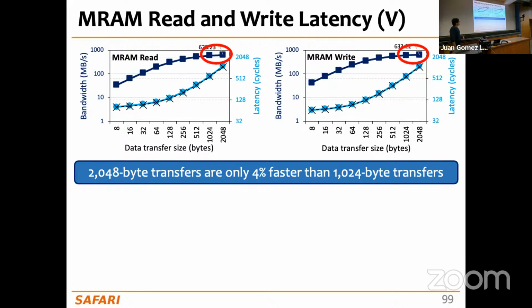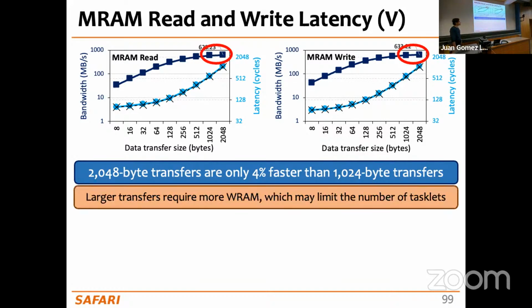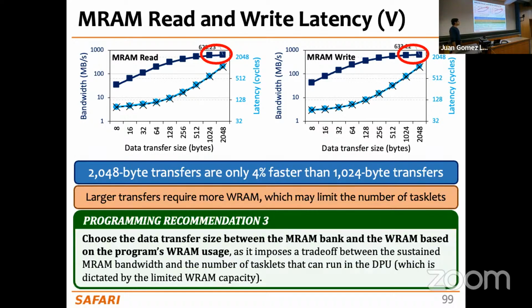One other recommendation is that the 2048 byte transfers are only 4% faster than 1024 byte transfers. And that's interesting also in terms of how to optimize the code, right? Because in principle, well, you remember, we allocate certain space in WRAM where we are going to copy the data coming from the MRAM, right?